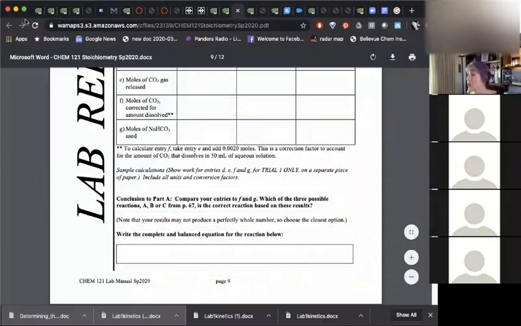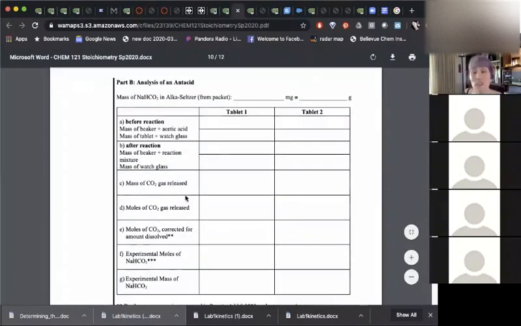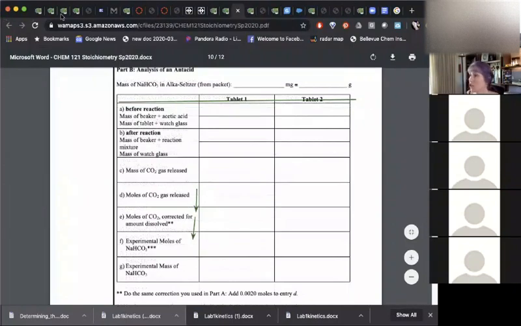Then, as we go to part B, this one works differently. We're going to do the same thing, and I show you the label claim, so make sure that you write this down from the video. This is from the packet. And then as we go through these, we are going to measure the mass released, and then we're going to correct it with that 0.002 moles, and that's on this page too, right? We have that same correction.